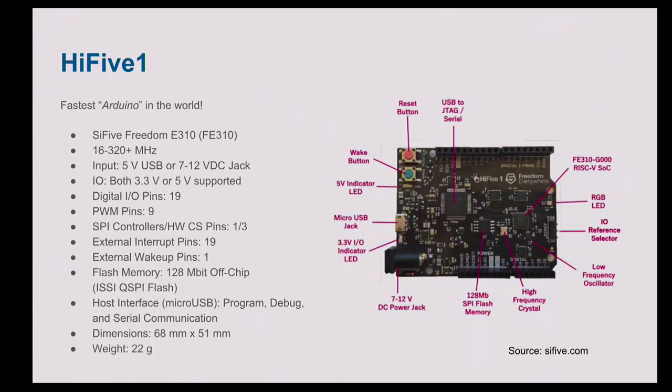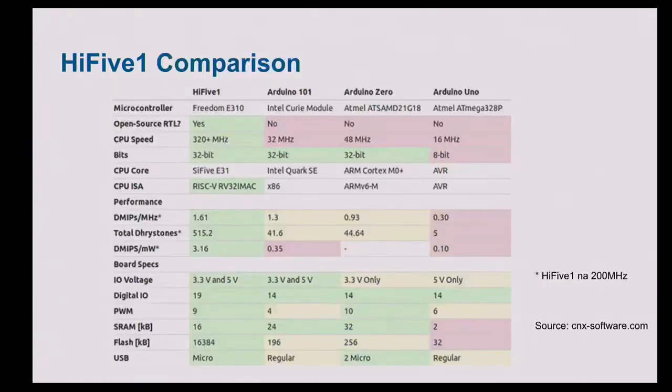It is the fastest Arduino in the world, as I'm told, which can be seen from the comparison chart. Here it is compared to Arduino 101, Arduino Zero, Arduino Uno, based on Intel Quark and Atmel 32-bit.